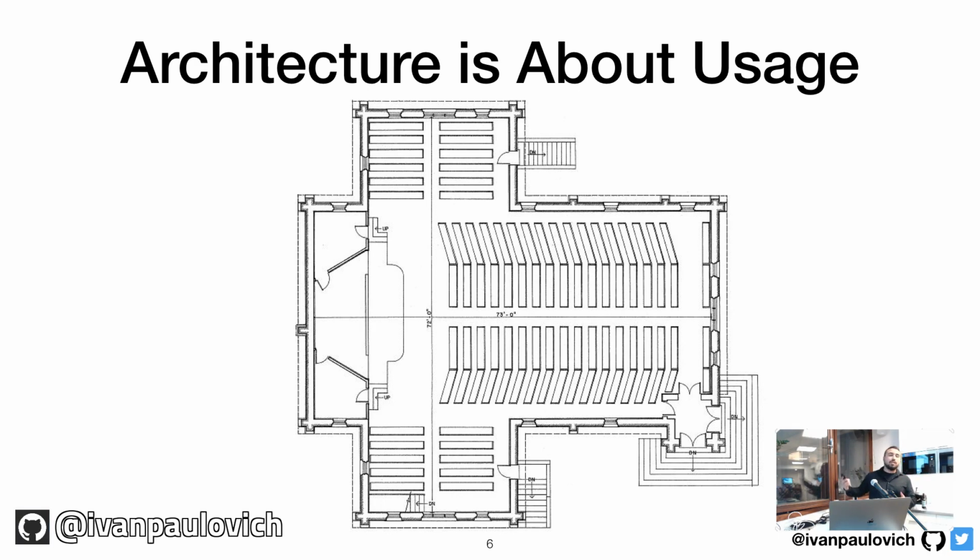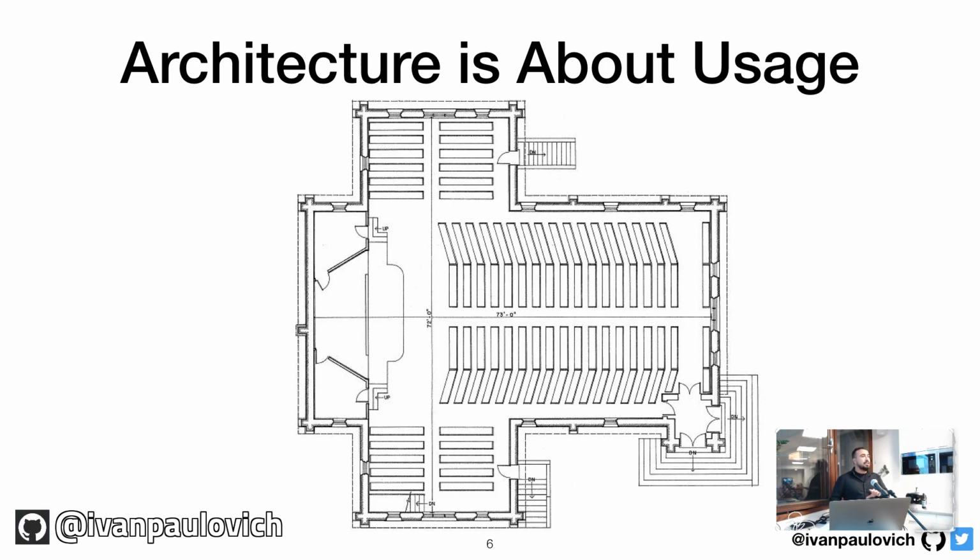We have all these benches pointing in the same direction. By the usage, you can guess that this is a church. Definitely, if you see a blueprint of an apartment or a house, you see bedrooms, kitchen, living room. So how people use that space, the blueprint gives you an idea very clearly of what it is.